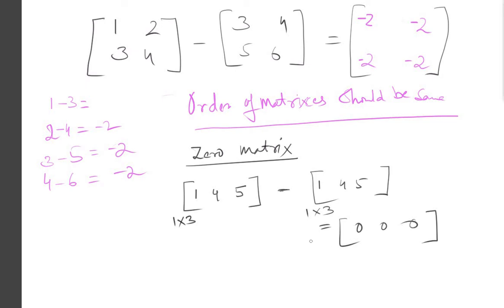So any matrix that has all elements as 0, irrespective of its order, is called a 0 matrix. So this is a 0 matrix. Make sense? All right.